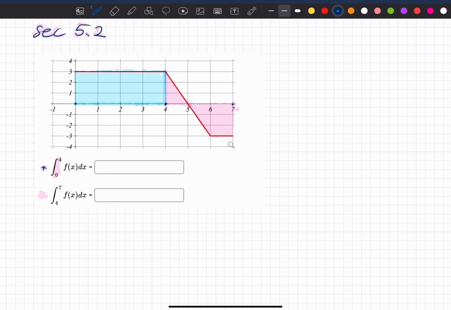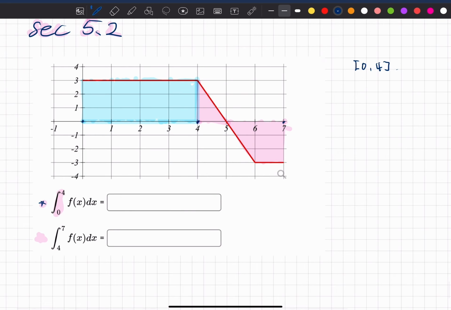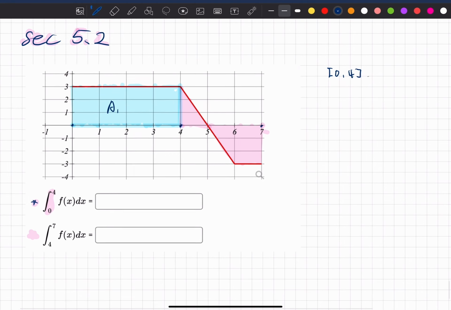First of all, let's figure out the integral from 0 to 4. Through observing the graph, we can figure out that we're actually looking for the area of a rectangle. So we're basically going to solve these two integrals geometrically.